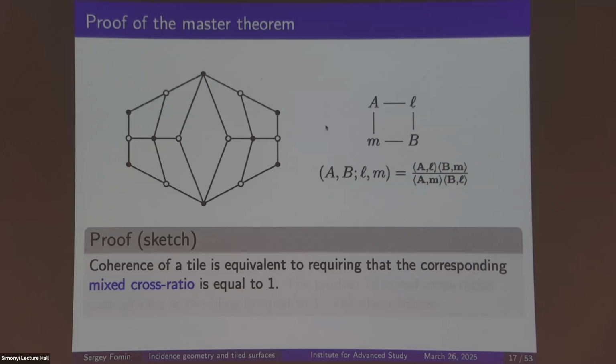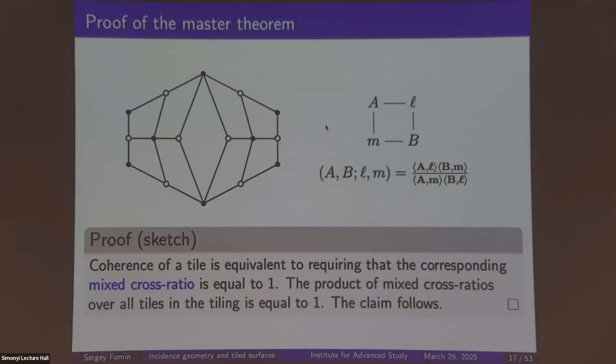Now, an observation is that when you multiply all these mixed cross ratios, the product telescopes, because we only consider pairings of black and white vertices that are adjacent in the graph. Remember they are non-zero, so they can appear both in numerators and in denominators.